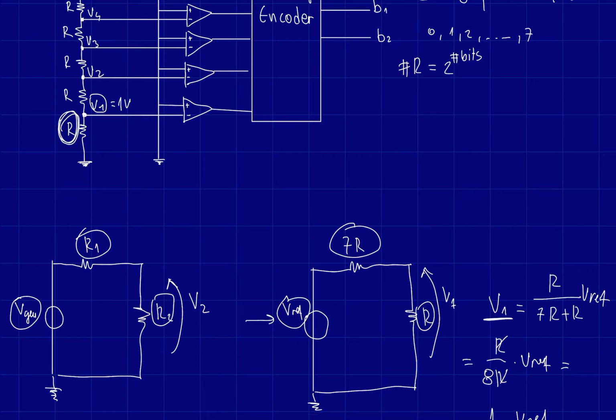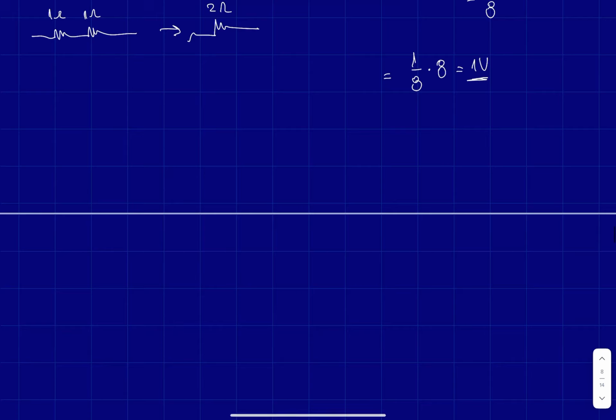If we take the node from above, V2, we can see that the voltage right there is V2 equals 2R divided by 2R plus 6R times Vref, using the same exact reasoning.